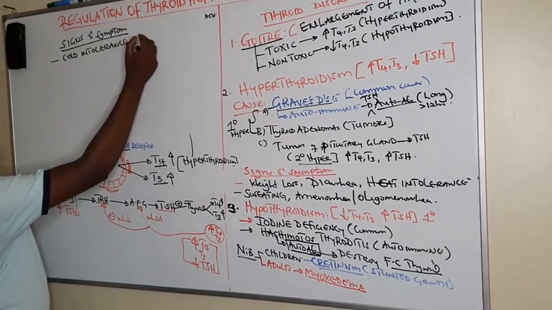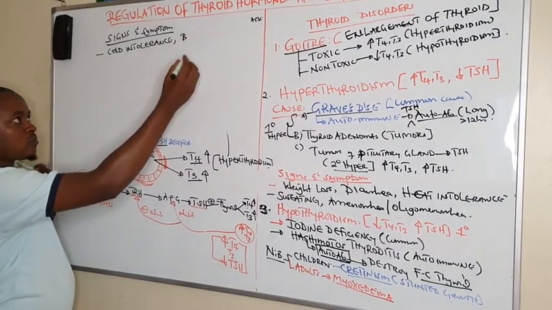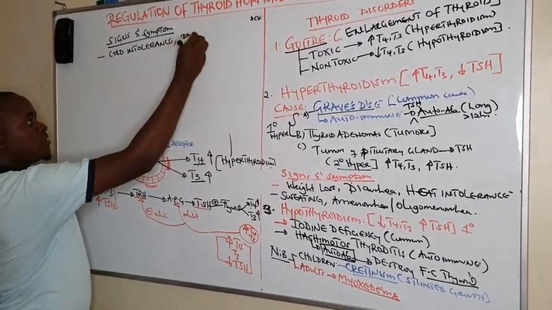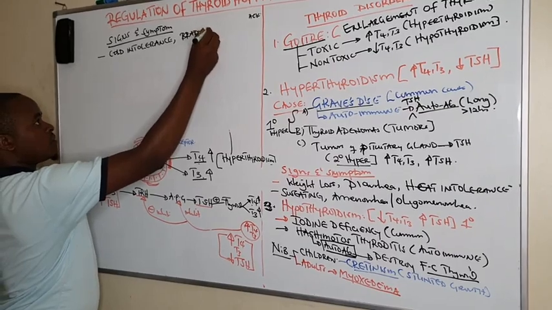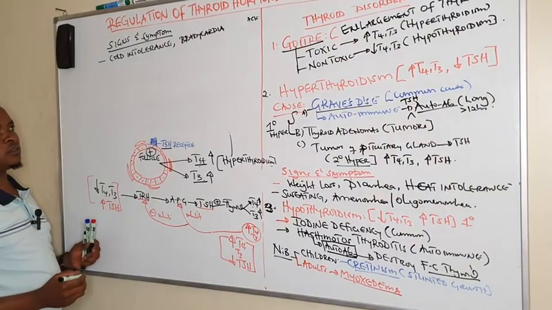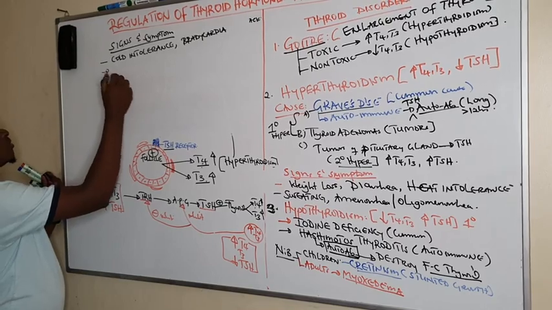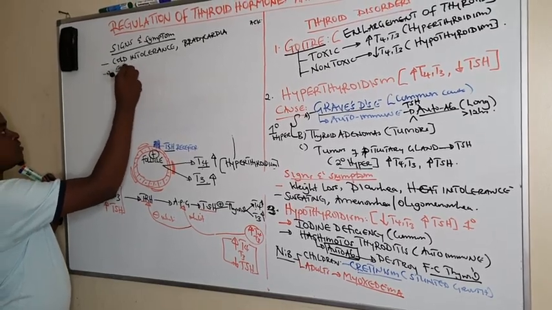There is what we call bradycardia, that is decreased heart rate. There is what we call constipation.